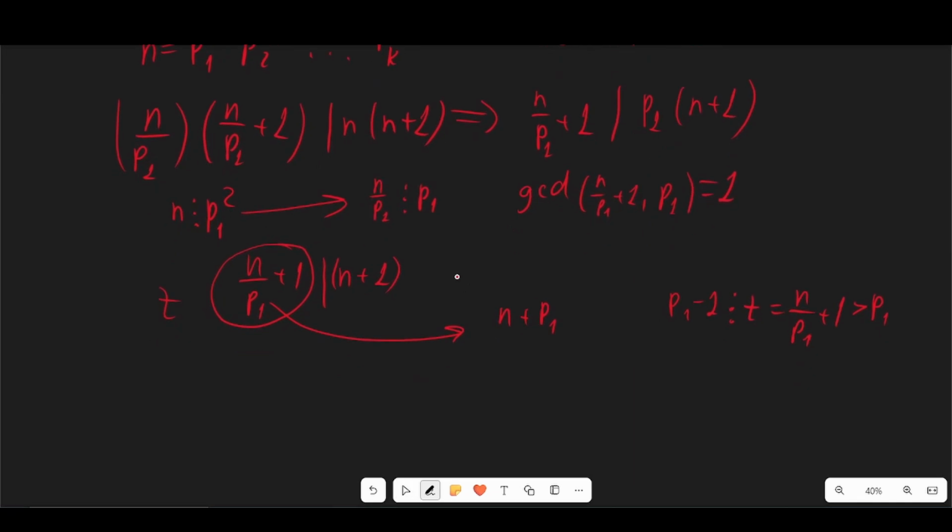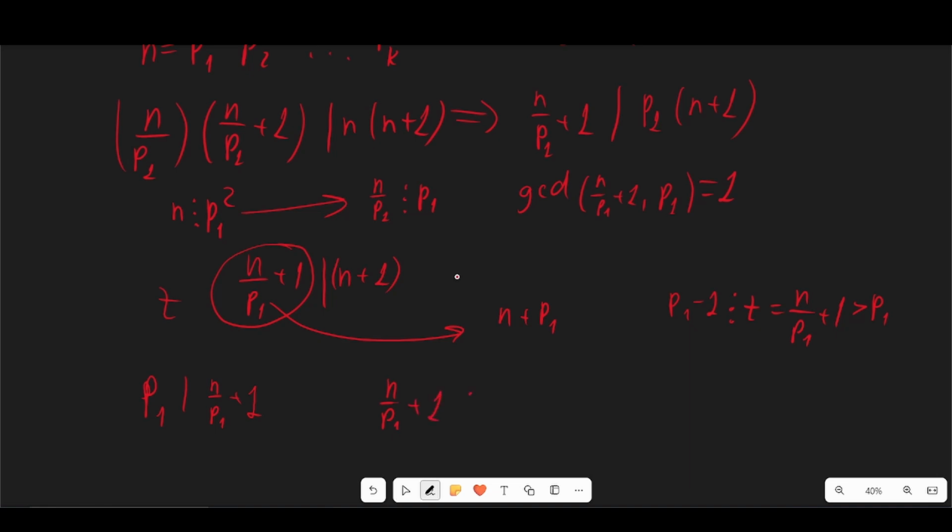Also, P1 must be a divisor of n over P1 plus 1. Otherwise, n over P1 plus 1 cannot divide n plus 1, just n plus 1, if we erase the P1. So we can take n over P1 plus 1.